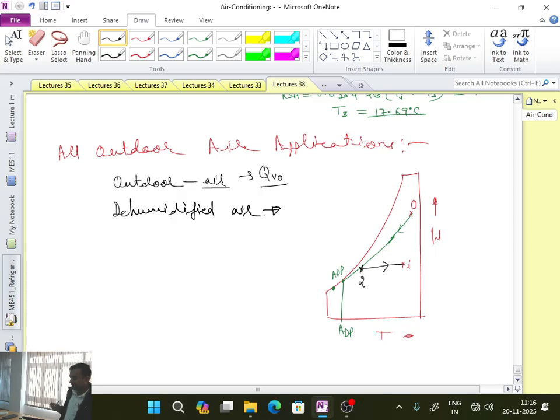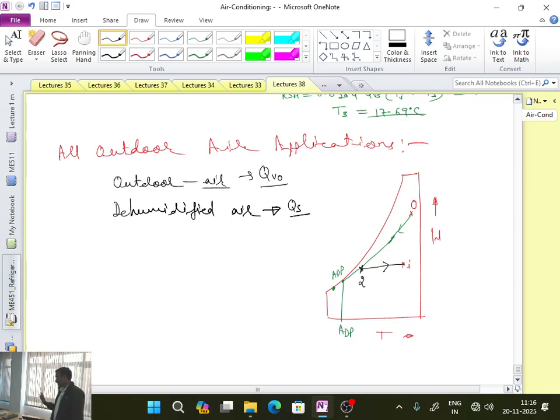What is dehumidified air? The amount of air which we are supplying to the room. Basically, it is nothing but QS. So QS is entering the room, say at state 2, and then it is reaching state I.